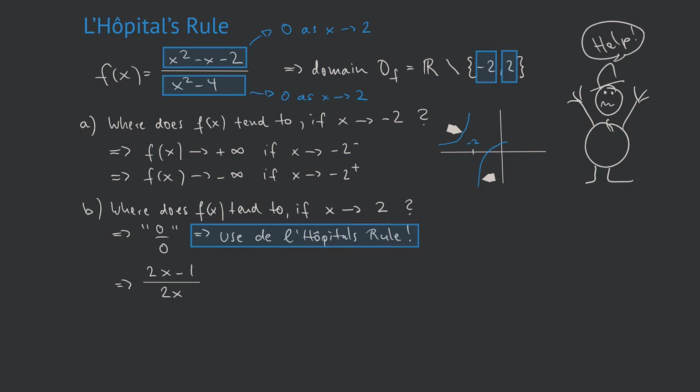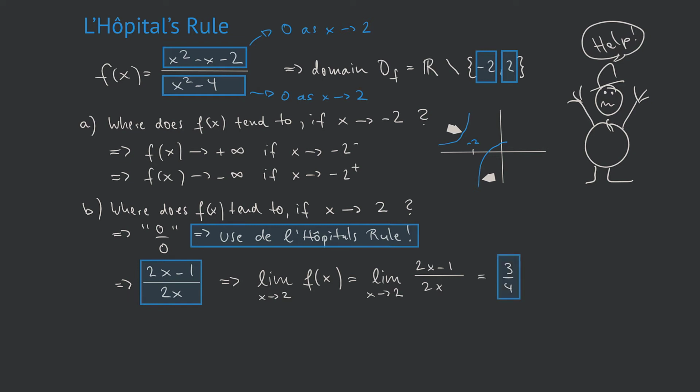Now, using L'Hôpital's rule, we have that the limit of f of x as x tends to 2 is equal to the limit of the new derivative expression, which means that it is equal to the limit of (2x minus 1) over 2x, as x tends to 2. But finding that limit is easy by just plugging in x equals 2. So we get 3 over 4.